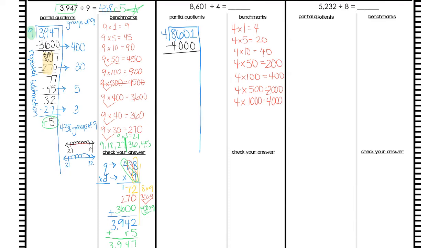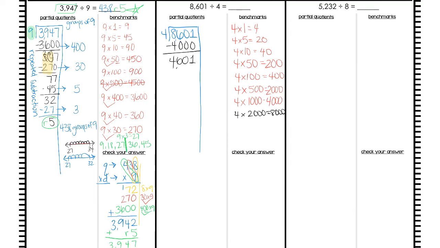Now, if you said the largest number I can take away is 8,000, that's also true. You could have done 4 times 2,000 would equal 8,000. Okay, but I'm going to do 4,000. 1 minus 0 is 1. 0 minus 0 is 0. 6 minus 0 is 6. And 8 minus 4 is 4.